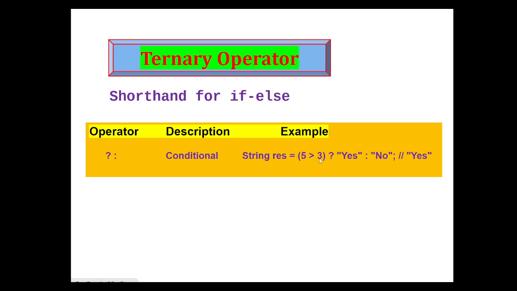If that condition is true, then whatever text is next to the question mark will get returned and assigned to the left hand side variable. If the condition fails, then whatever text is next to the colon will get returned and assigned to the left hand side variable. So this is how the ternary operator works and how we can use it in our actual coding.